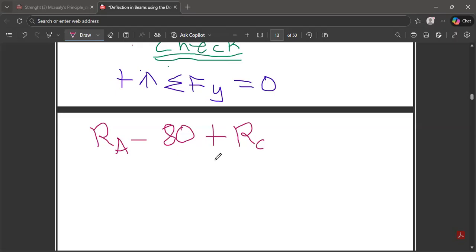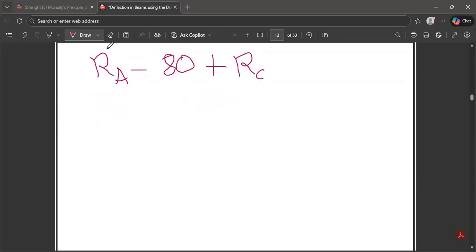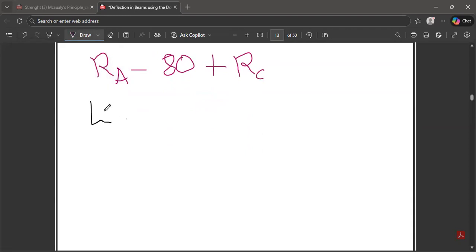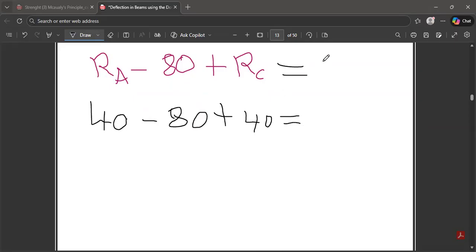And at the end of the day, by substitution, if you write 40 minus 80 plus 40, what are we getting? If we don't get zero, it means that whatever we did, there is a problem with it.